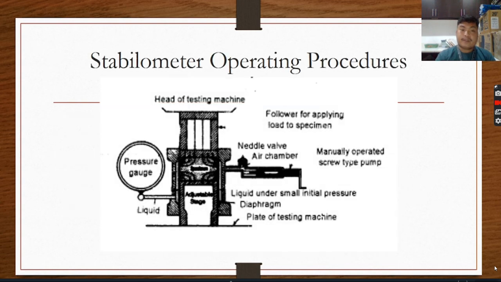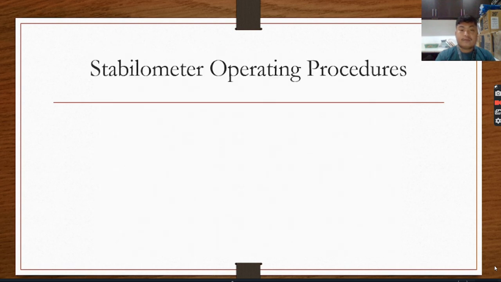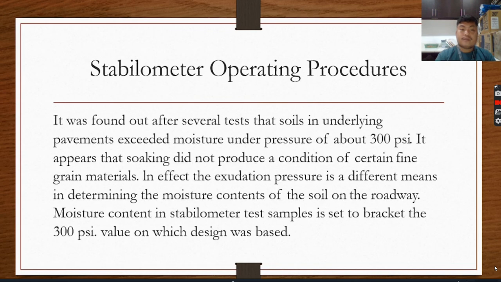So here is the stabilometer. It was found after several tests that soils underlying pavements exceeded moisture under a pressure of about 300 pounds per square inch.